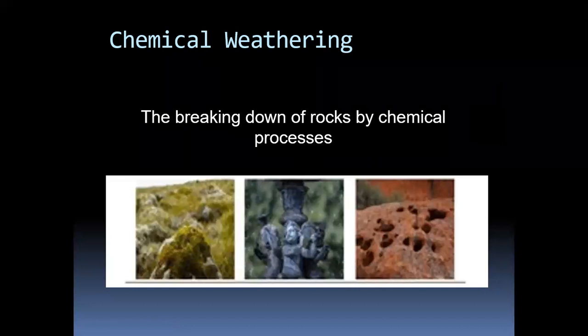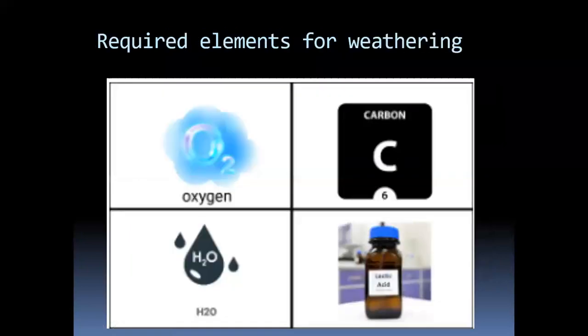The chemical weathering is basically the breaking down of the rocks through chemical processes. There are several elements that are involved in this process. You need oxygen, water, carbon, and some acids, whether organic acids or other types of acids.